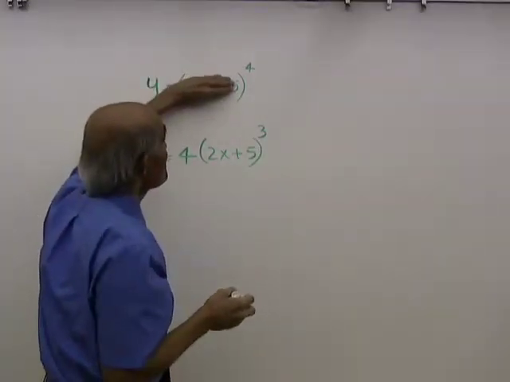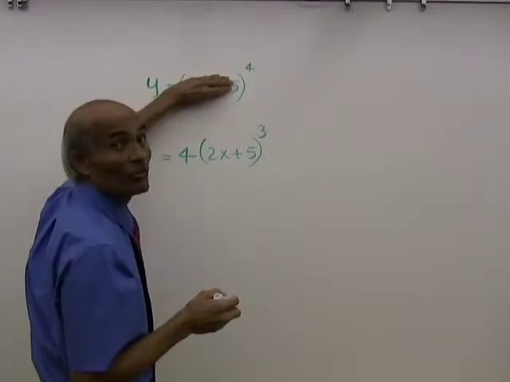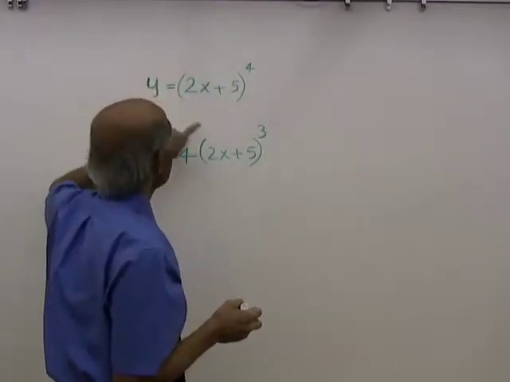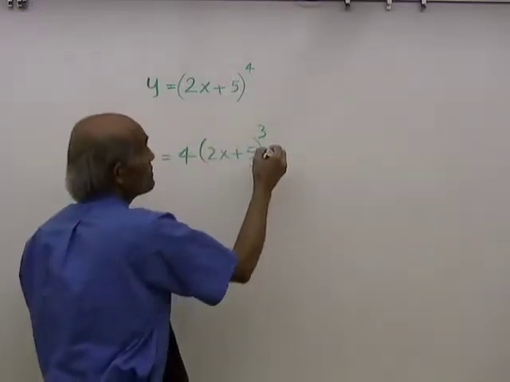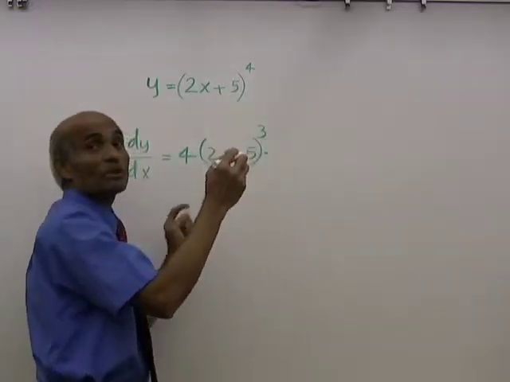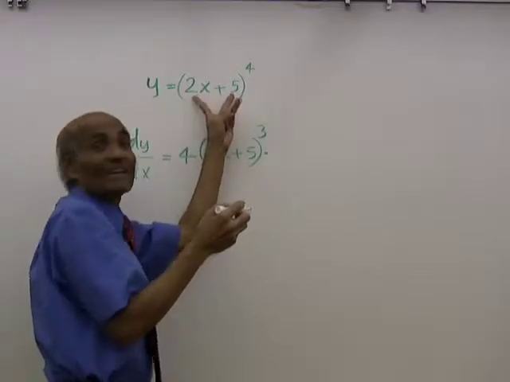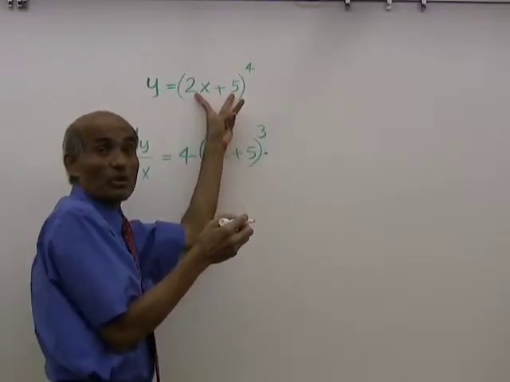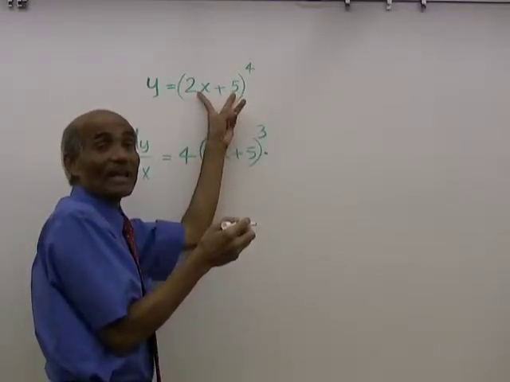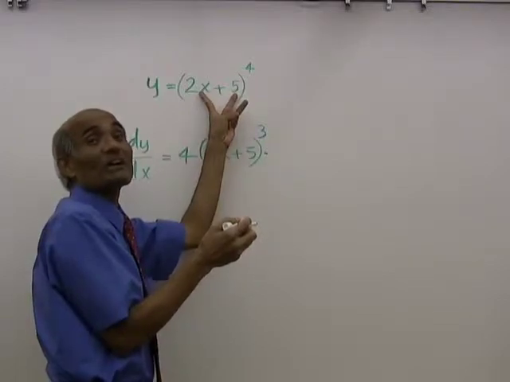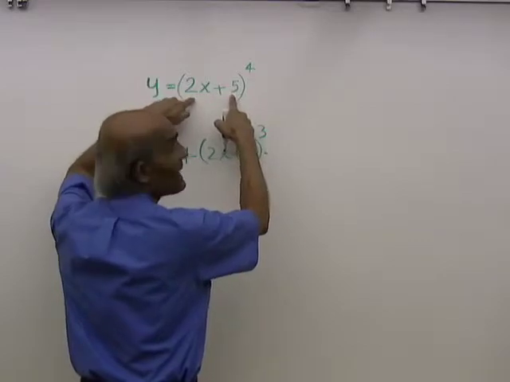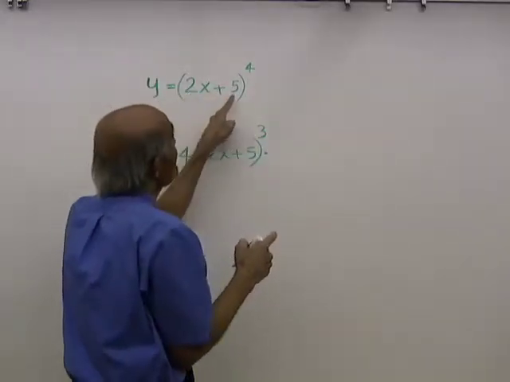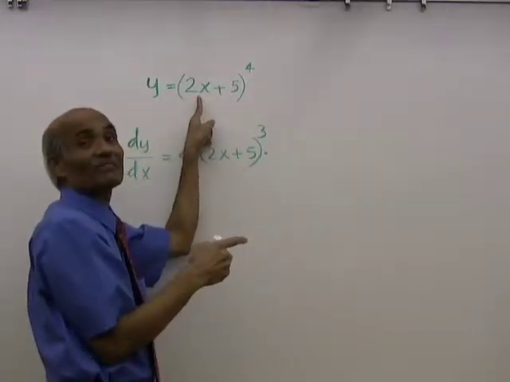So, let this be a quantity. Apply the power rule to it. 4 times 2x plus 5 to the power of 3. Now, once you do that, what all you need to do is identify that quantity one more time and find the derivative of that quantity. Multiply by the derivative of that quantity. What is the derivative of 2x plus 5?